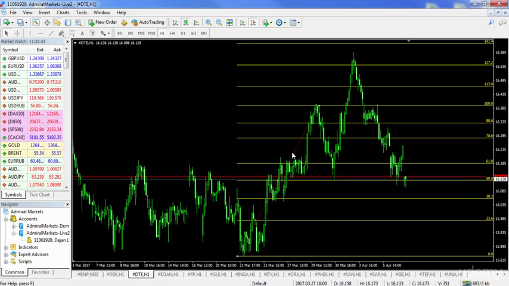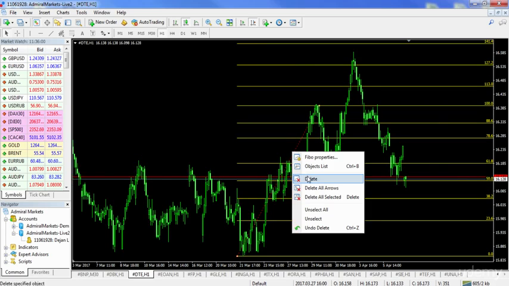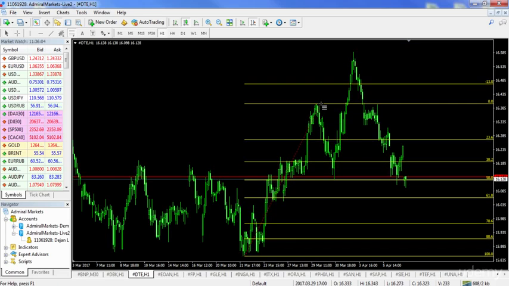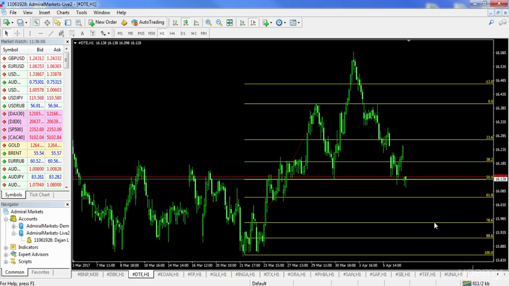For the Cypher pattern, we said that entry into the position is made at the level of 78.6% Fibo retracement of wave XA. We will mark that level.